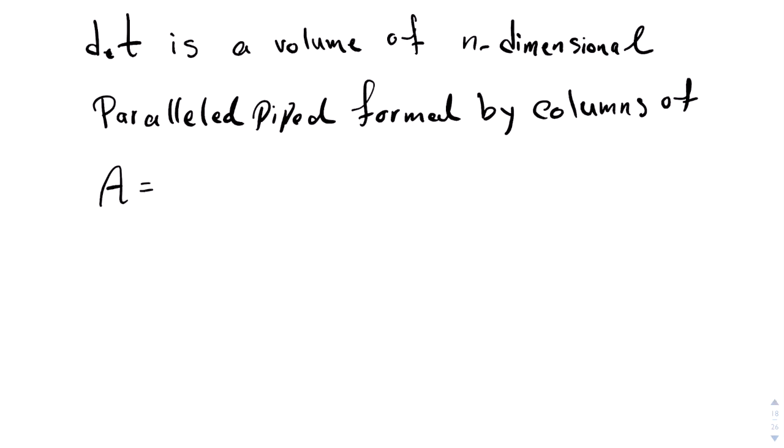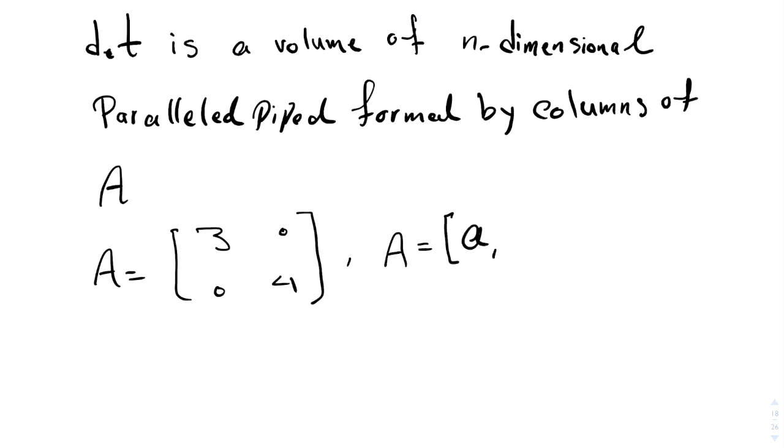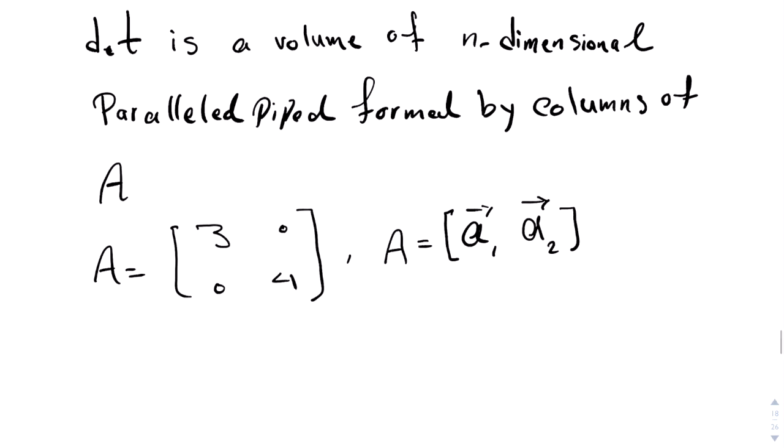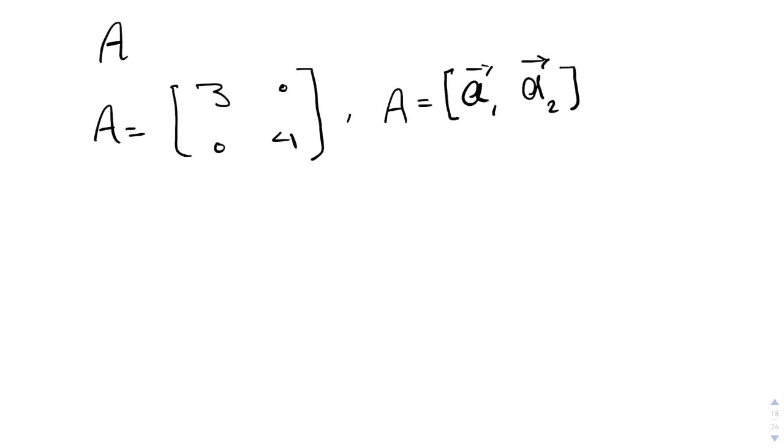Let's say A is 3, 0 and 0, 4. So here A consists of two vectors, let's say vector A1 and vector A2. If I use the Cartesian plane to show these two vectors, then I have this Cartesian plane.